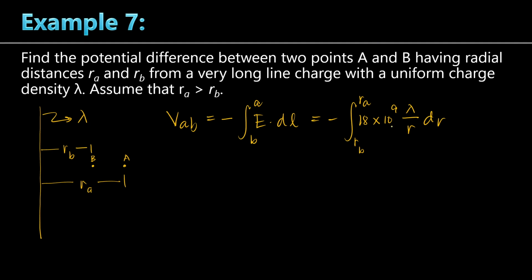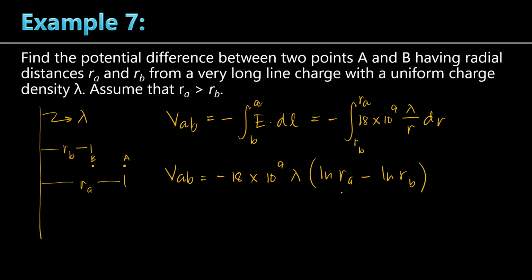Okay. So ito lang siya, i-integrate lang natin ito. Madali lang naman, kasi ito naman ay constant, 'di ba? Pwede nating ilabas na agad 'yan. VAB is equal to negative 18 times 10 to the 9 times lambda. Now, kapag integrate natin yung dr over r, di ba ln yan? So, dito magkakaroon tayo ng ln of upper limit, RA, minus ln of RB.